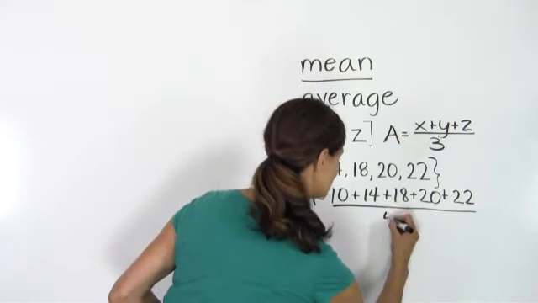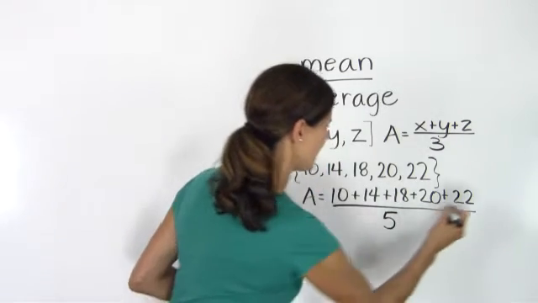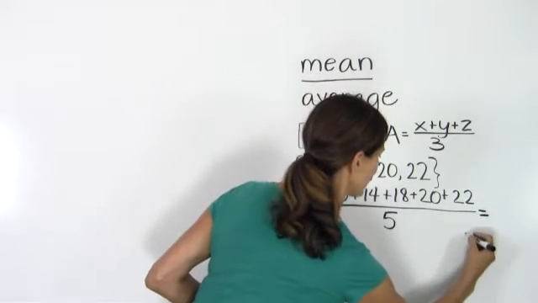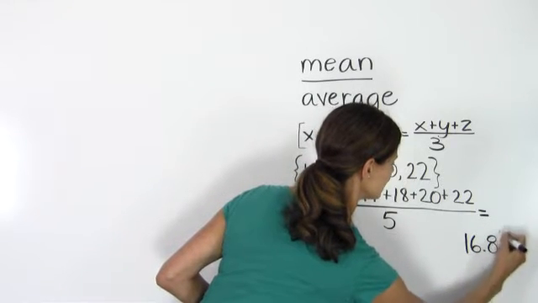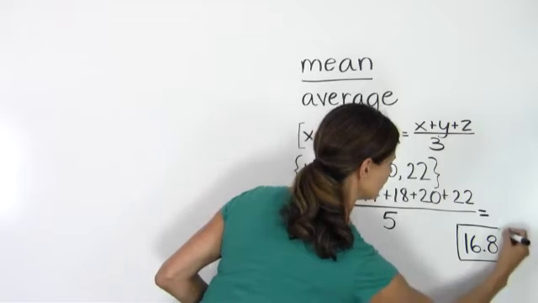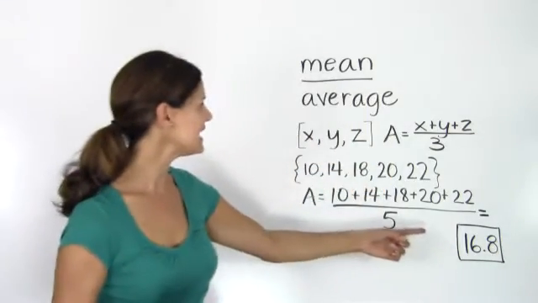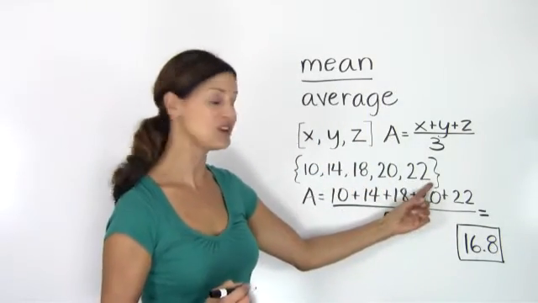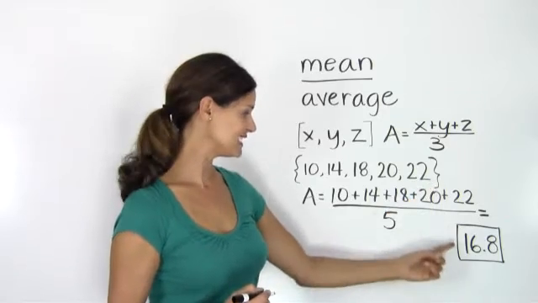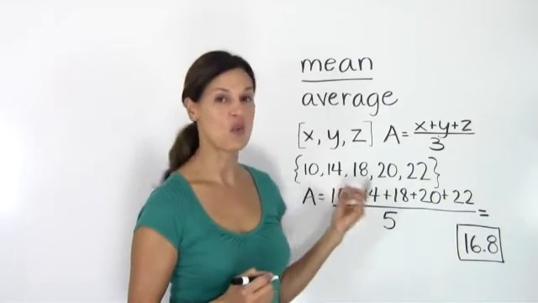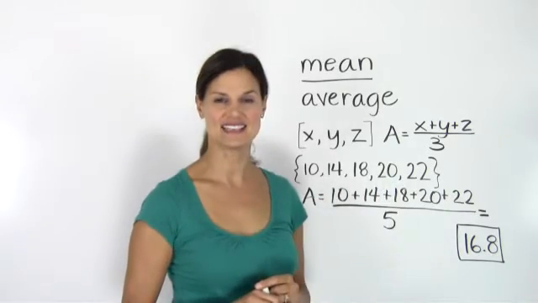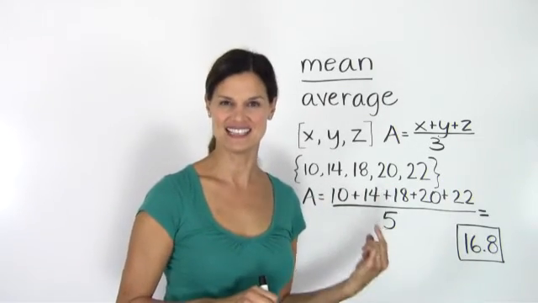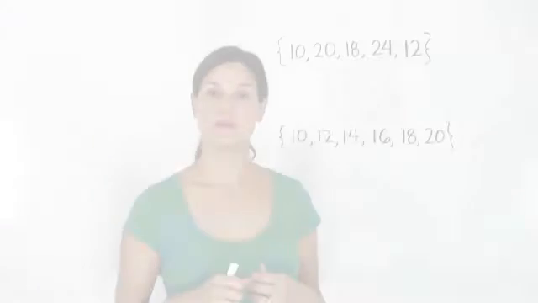So I divide that total sum by 5, and I end up with a value of 16.8 as my average or my mean of my set of values, even though 16.8 isn't one of my values. It's the average of the set, or the mean of my set of values.